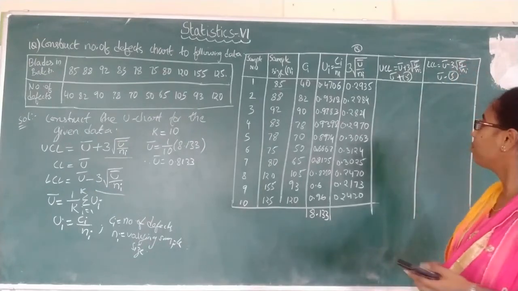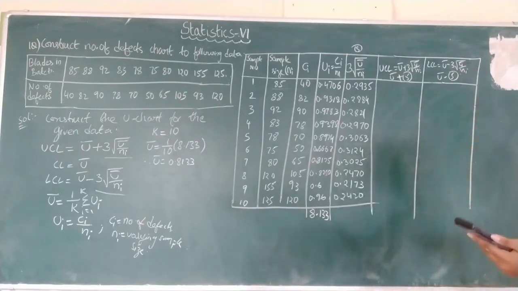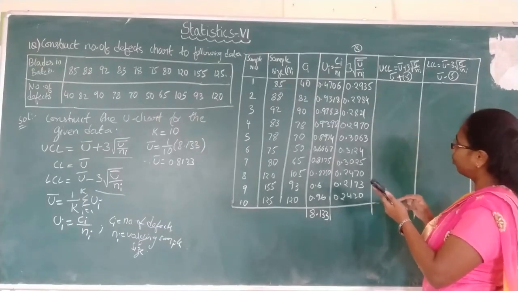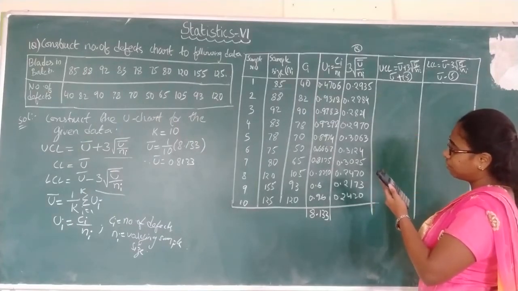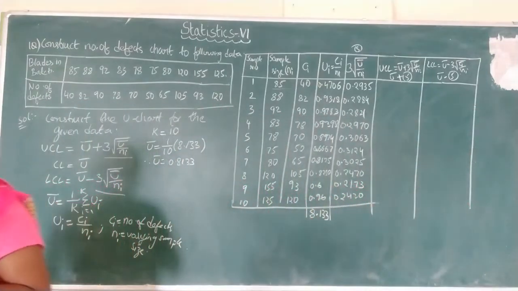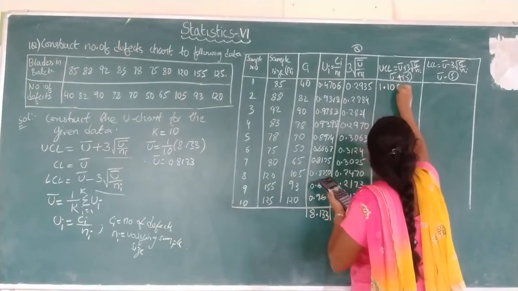Now if you observe, what is the U bar value? 0.8133 plus this value 0.2935. So you get the first UCL value as 1.1068.